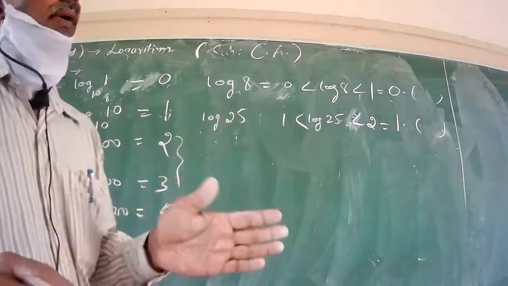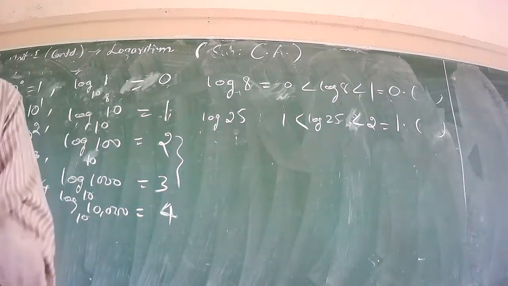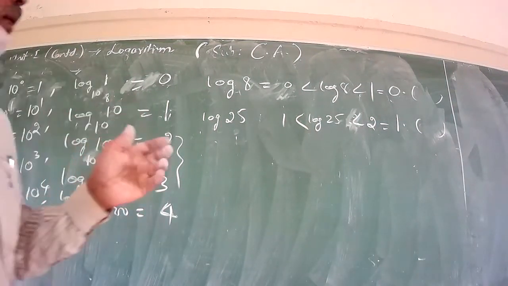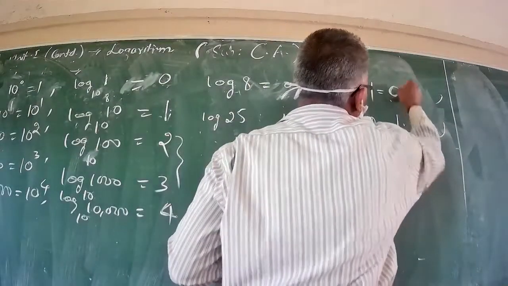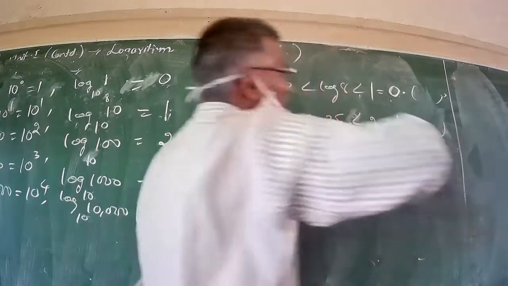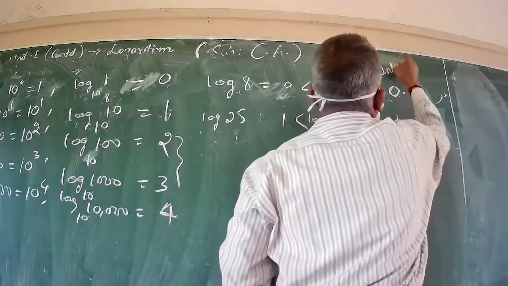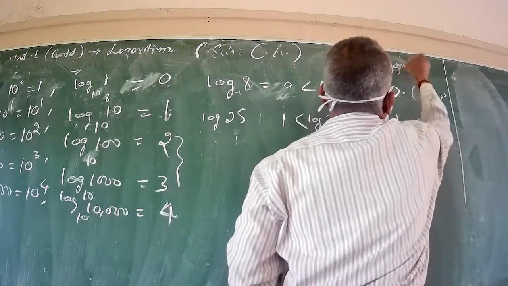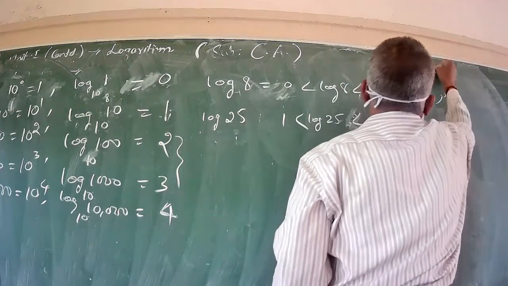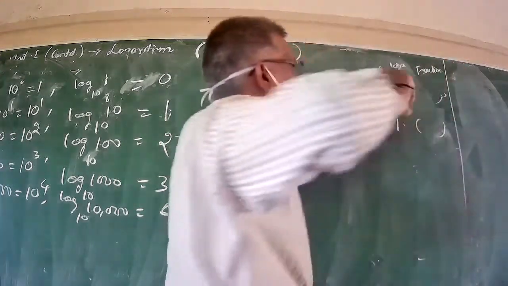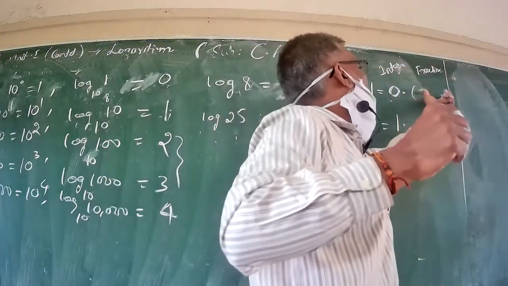It means that for any given number, the logarithm has two parts. The part before the decimal is the integral part, and the part after is the fractional part.